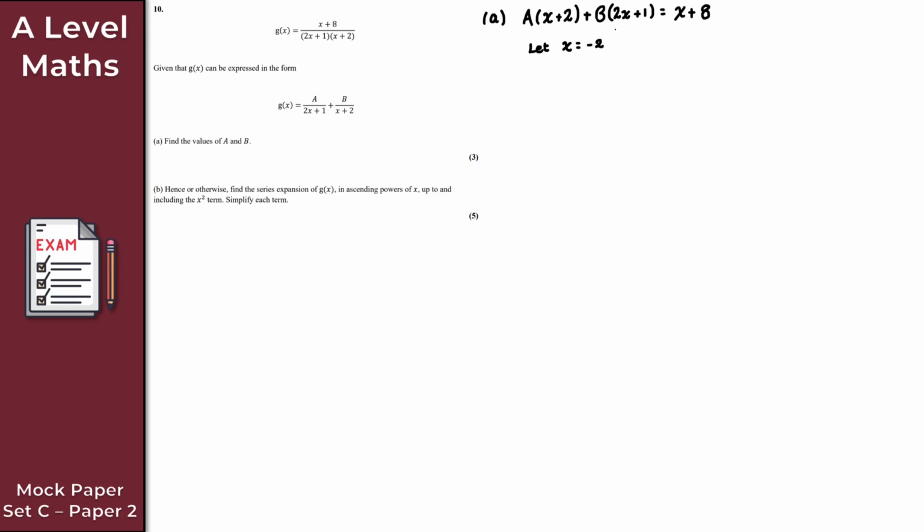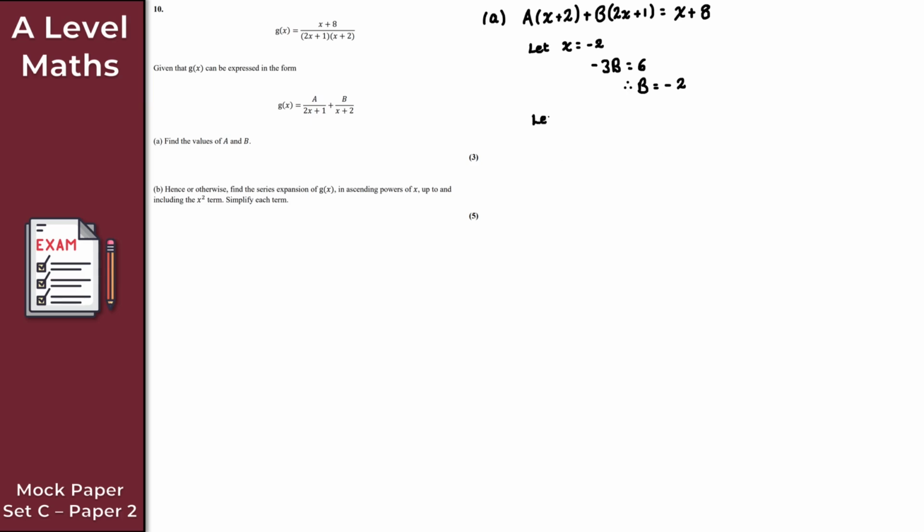So 2 times minus 2 is minus 4, plus 1 gives us minus 3. So I get minus 3b is equal to minus 2 plus 8, which is 6. Divide both sides by minus 3, and we obtain that b is equal to 6 over minus 3, giving us minus 2.